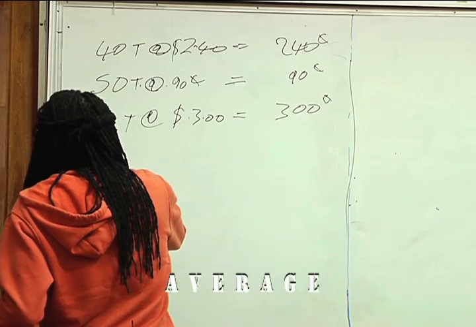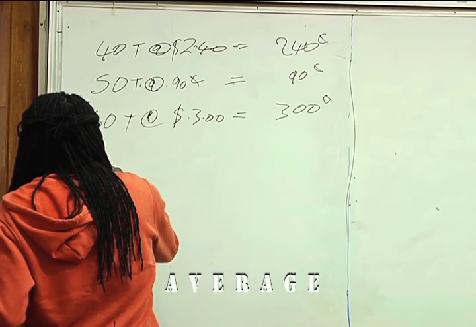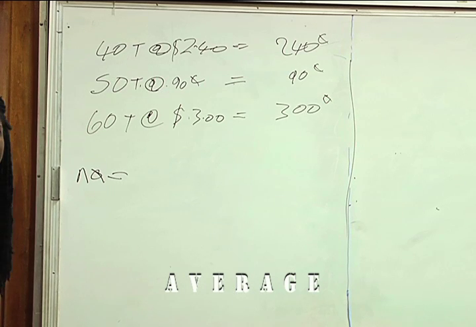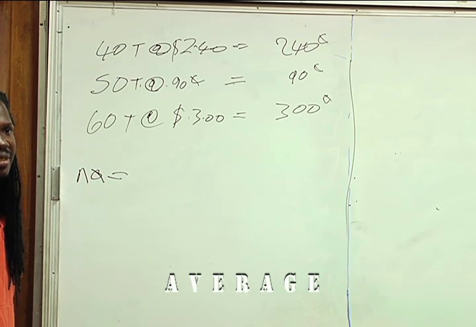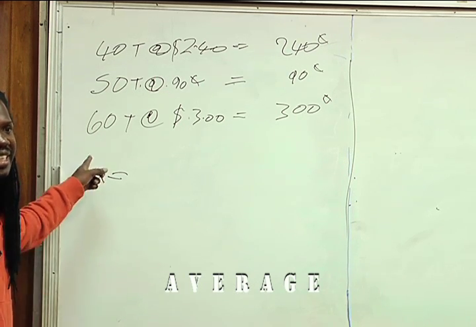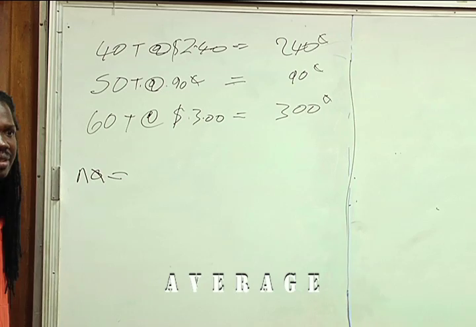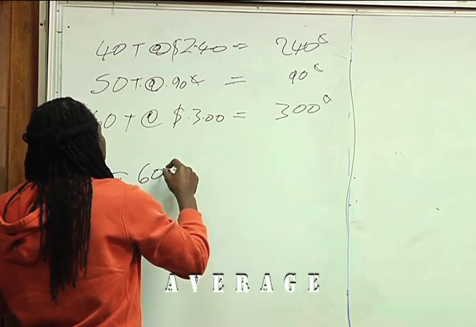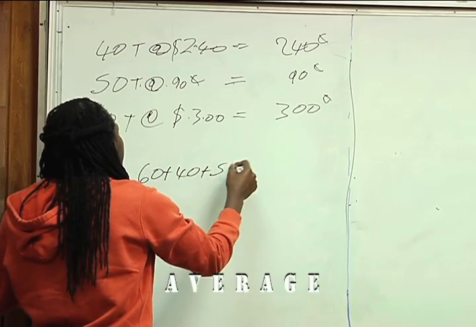Now, what is NQ? Number of quantities. What is the quantity? The number of tins. So therefore, you are going to add up 60 plus 40 plus 50.